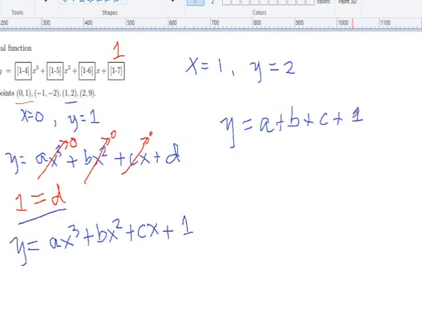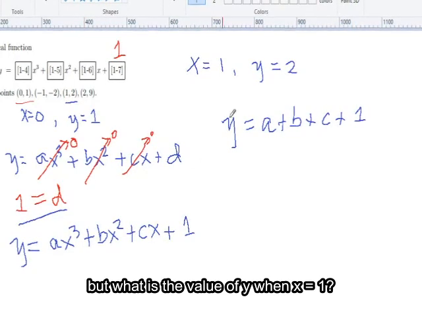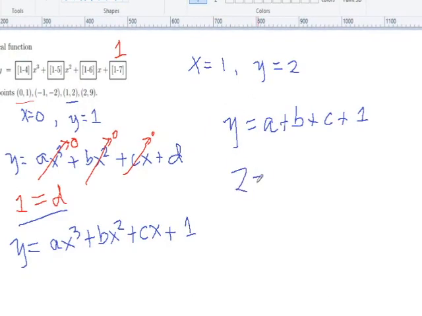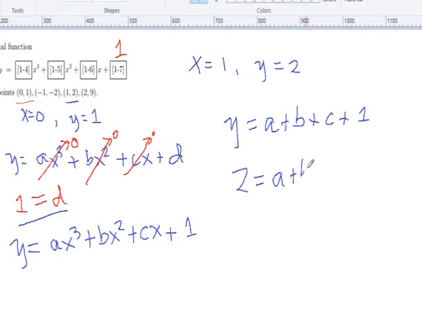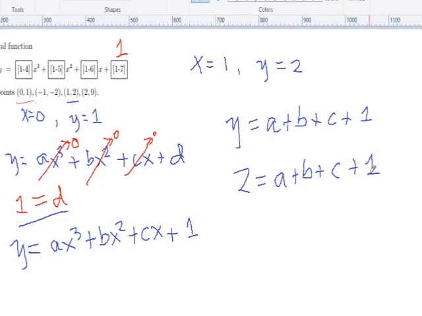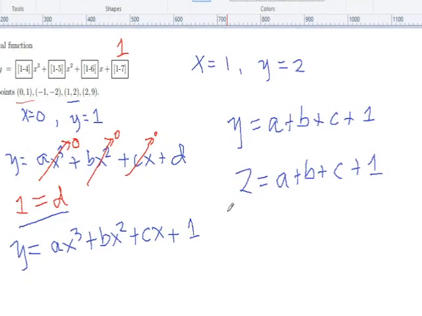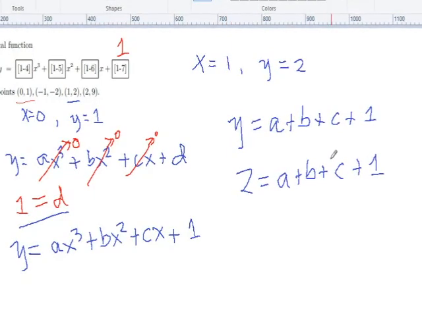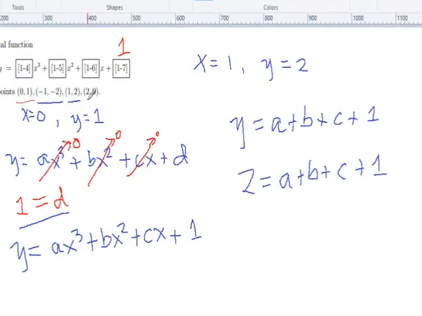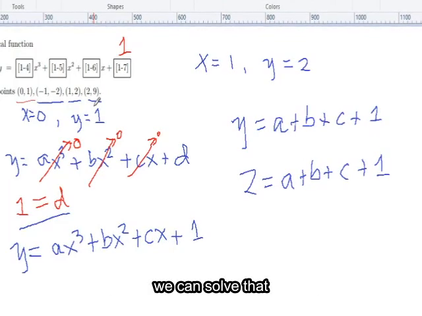But what is the value of y when x equals 1? It's equal to 2. So 2 equals a plus b plus c plus 1. We have 3 unknowns, a, b, and c, so we need 3 equations and 3 unknowns. You can solve that.